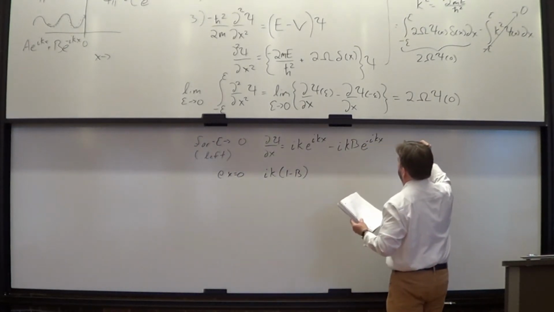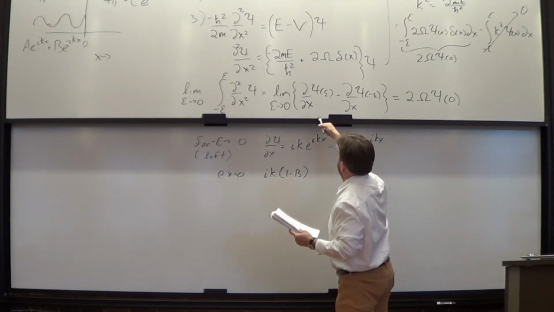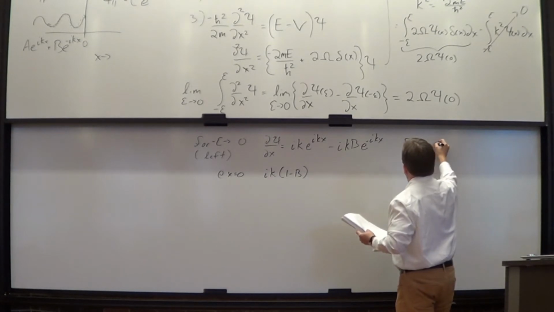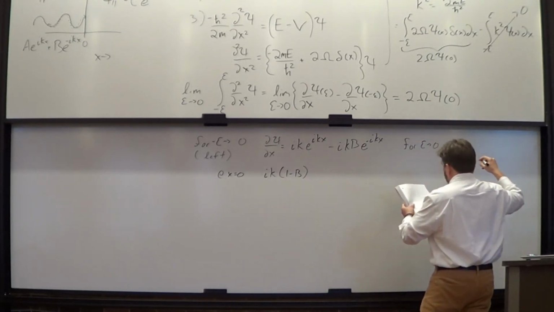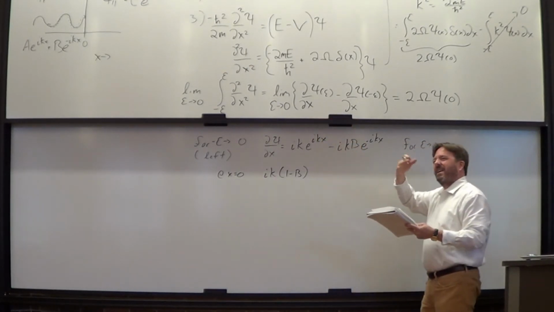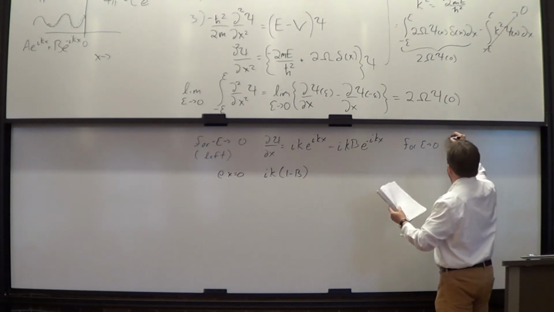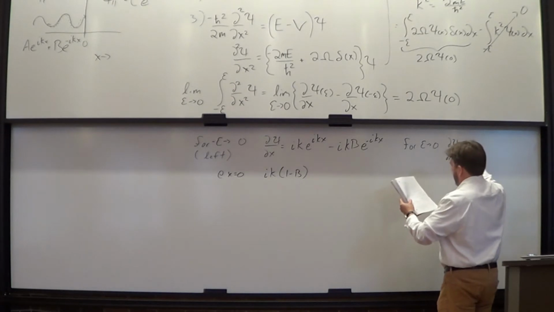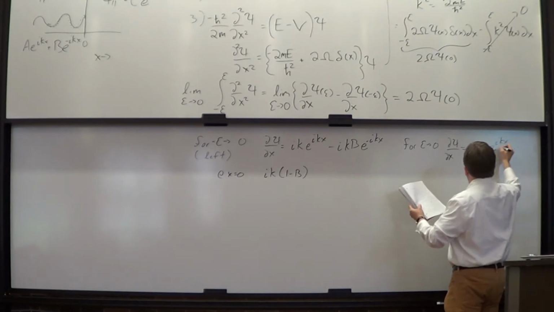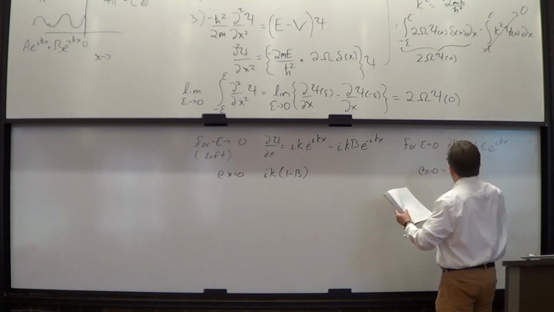Now, on the right side, we did this one, so now let's do that one. I should have done this the other way, shouldn't I? For the right-hand side, I should have done this one first. It actually makes more symmetry. The derivative of the wave function is simple: ik c e to the ikx, and at x equals 0 it is just ik c.